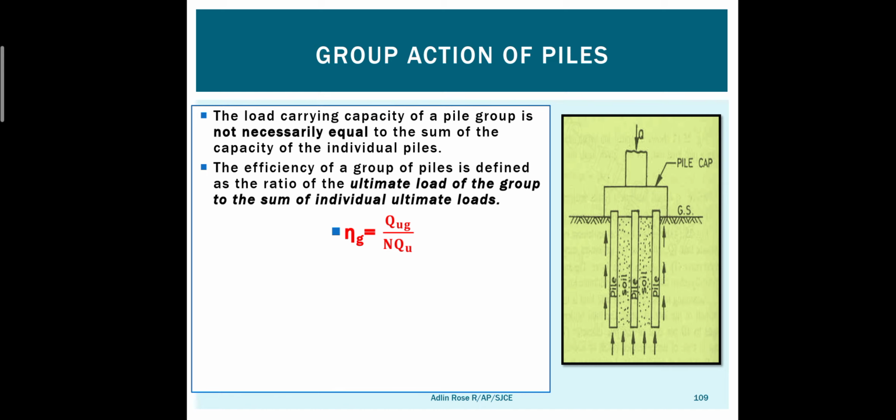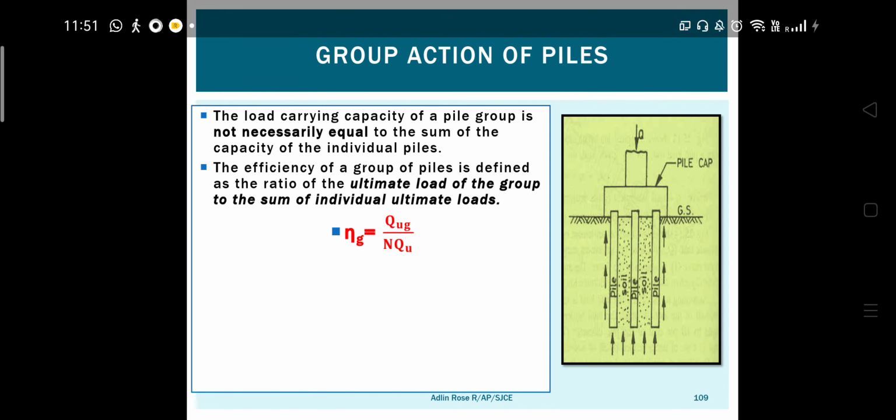Based on this efficiency, we will know how much the pile group is efficient to carry the load. So that is represented by the letter eta G, efficiency of the group of piles, and that is equal to pile group capacity, that is QUG, divided by N into QU.